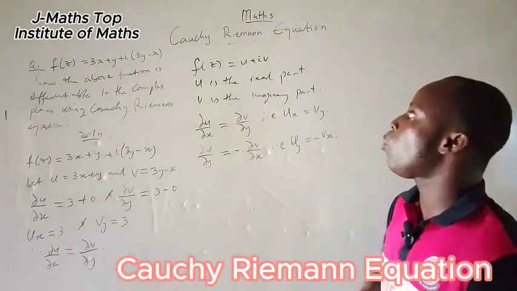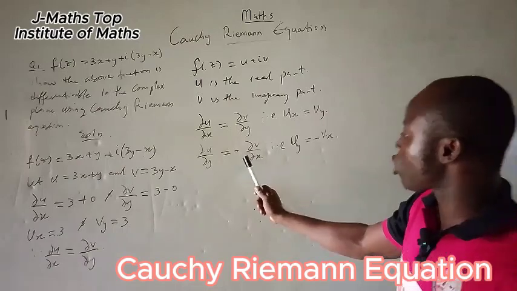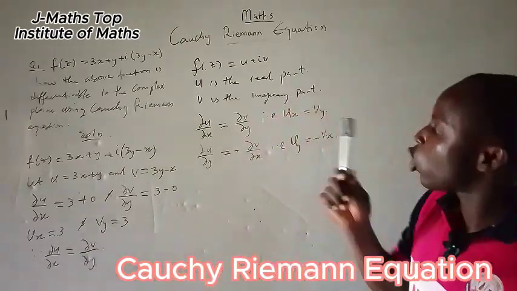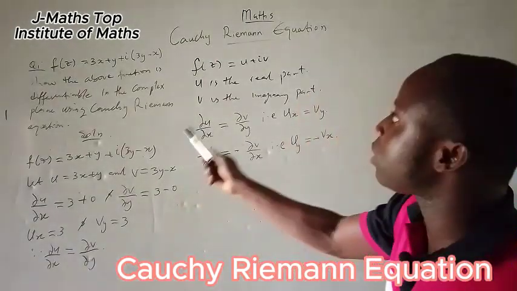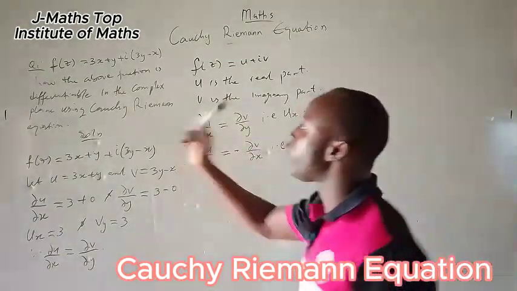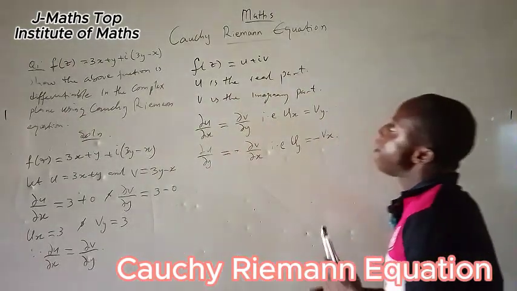Let's check whether the second one holds. If the second one does not hold, definitely the Cauchy Riemann Equation cannot be used to show that it is differentiable in the complex plane.